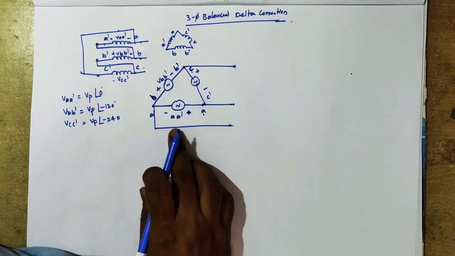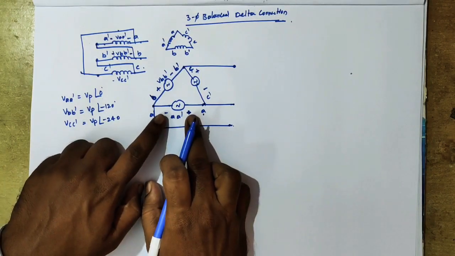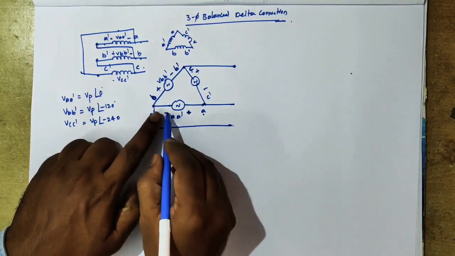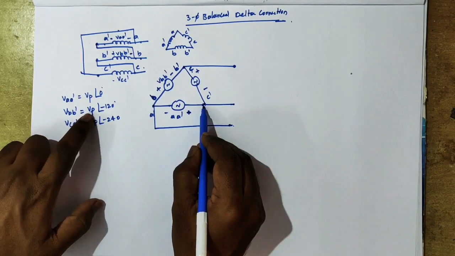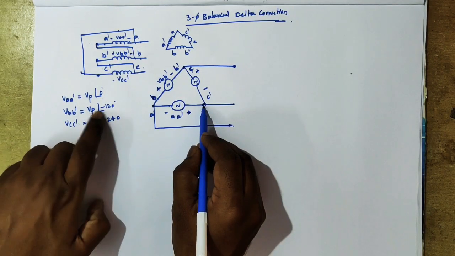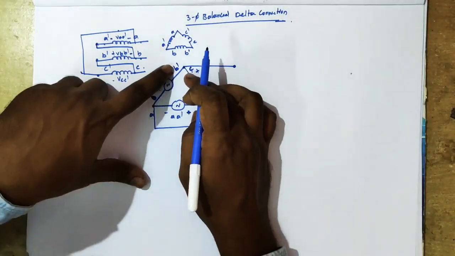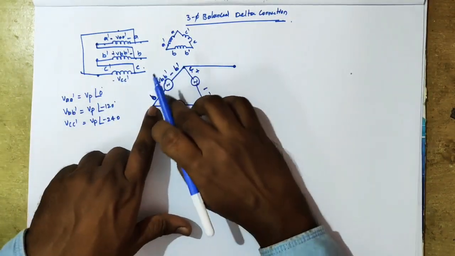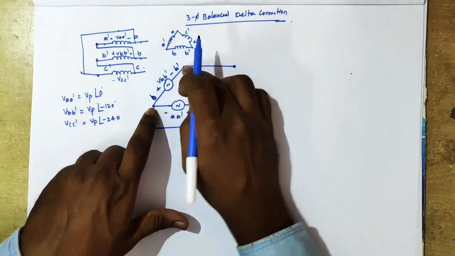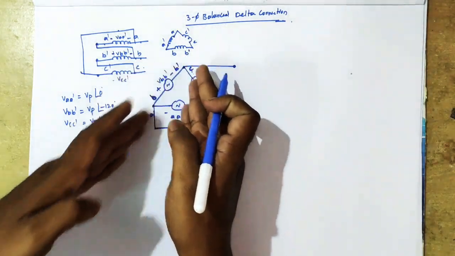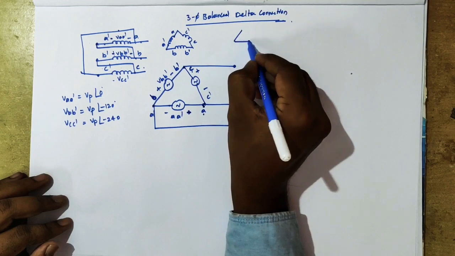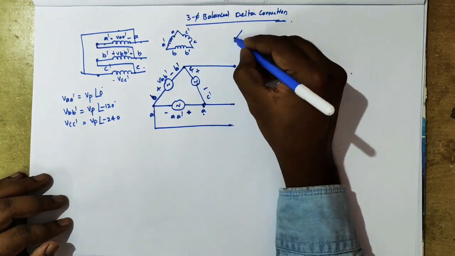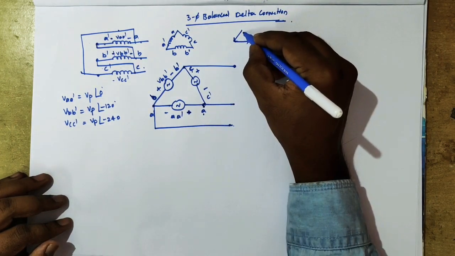If you observe carefully, A dash is the reference. VB dash is V phase at an angle of minus 120 degrees. If you draw B dash downwards, this is the way our voltage is developed.